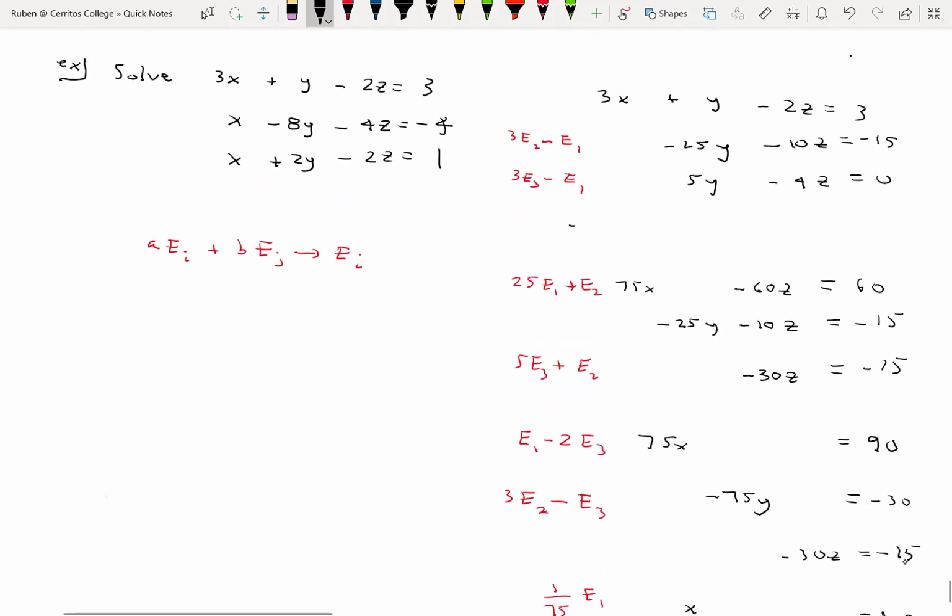Notice that in the application of this method we really don't need to write the variables.